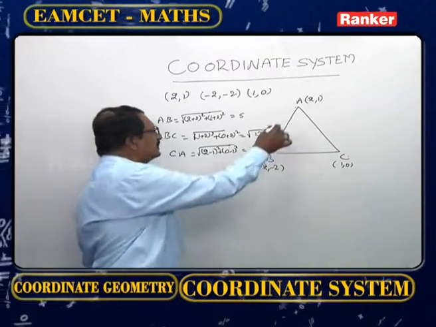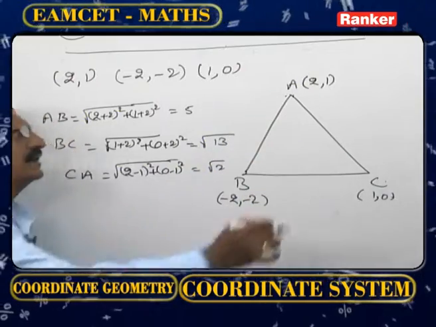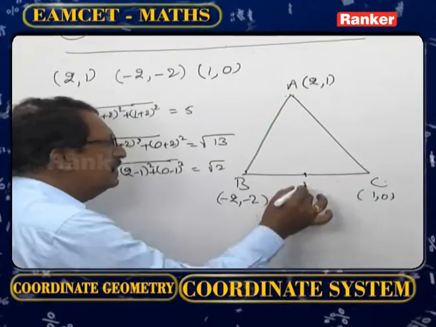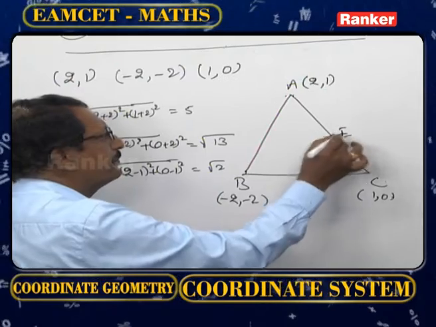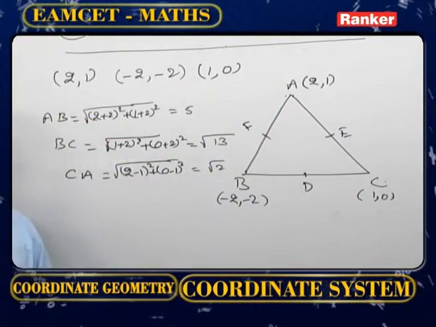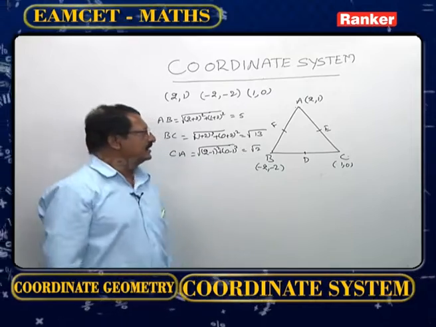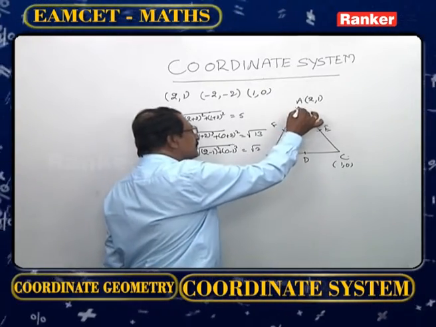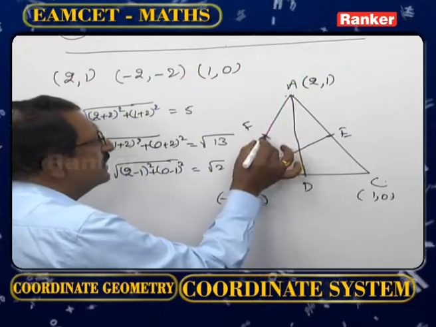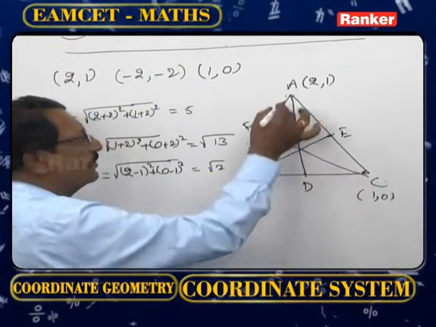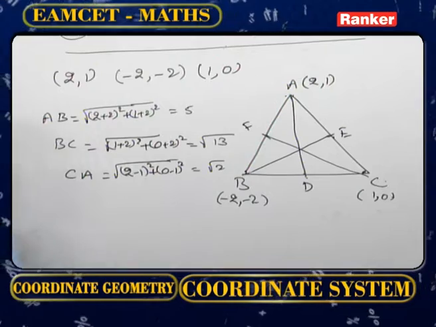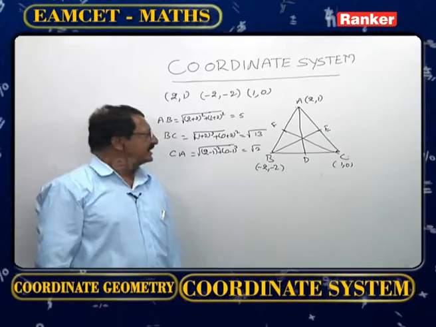Now suppose AB, BC and CA are lengths of the sides of the triangle and D, E, F are midpoints of the sides BC, CA and AB of triangle ABC. Now required is the sum of squares of the medians: AD square plus BE square plus CF square.